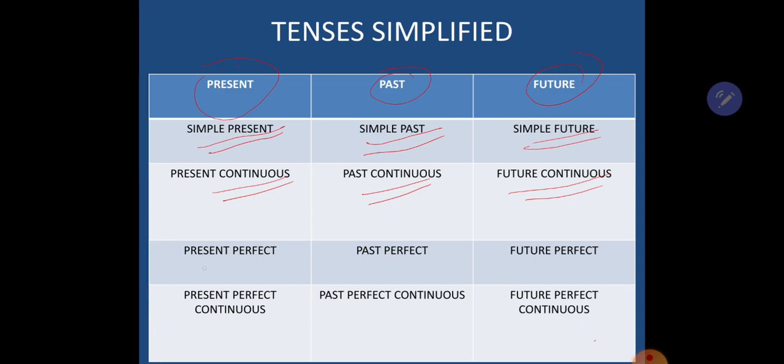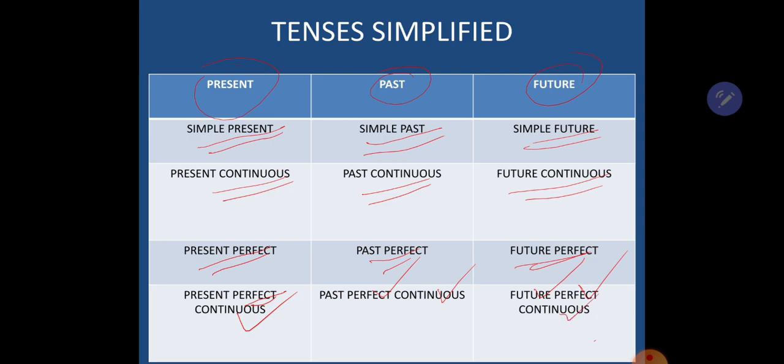After that, we have present perfect tense, past perfect tense, and future perfect tense. And finally, present perfect continuous tense, past perfect continuous tense, and future perfect continuous tense.